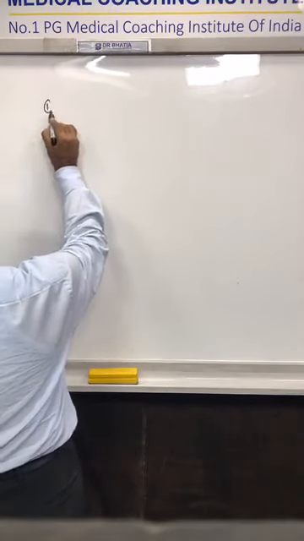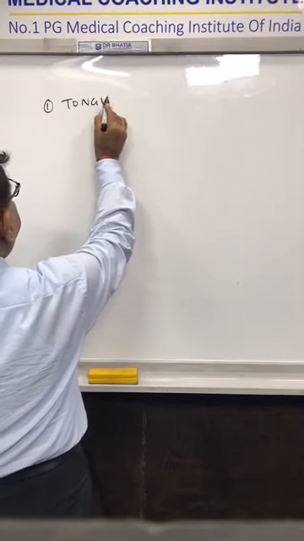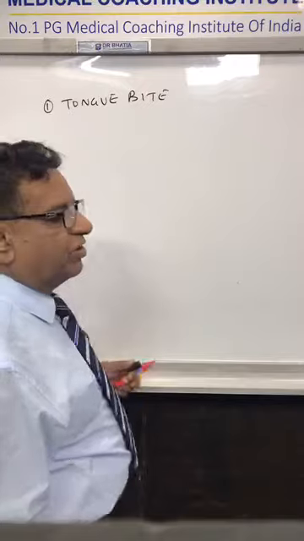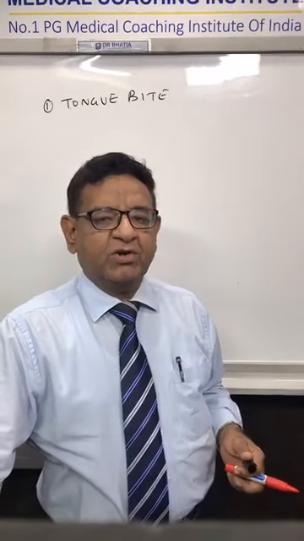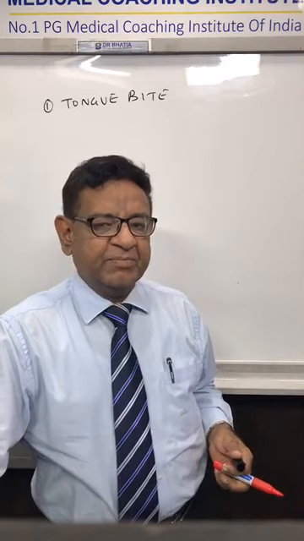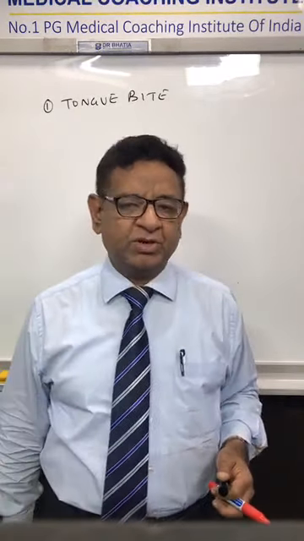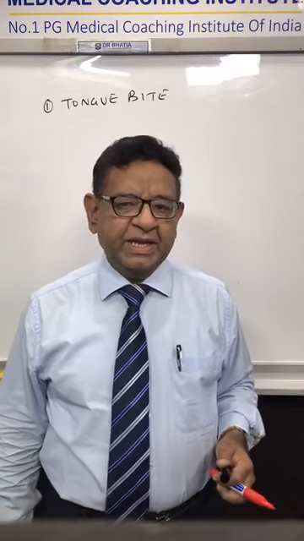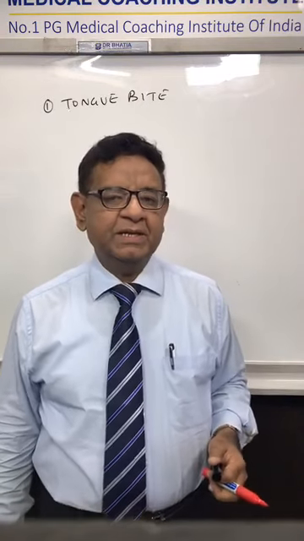Tongue bite is one of the classical features. If the patient is unconscious and has a tongue bite and a bleeding tongue, it is almost virtually diagnostic of generalized tonic-clonic seizure. Here I'd like to tell you something special about the tongue.